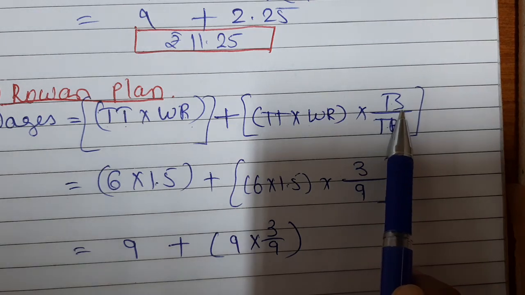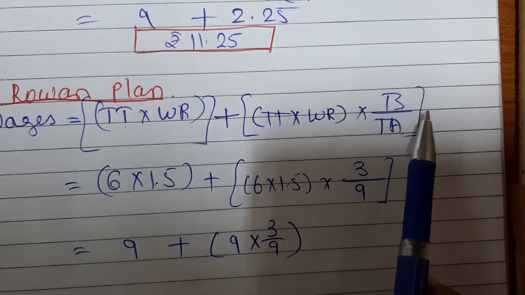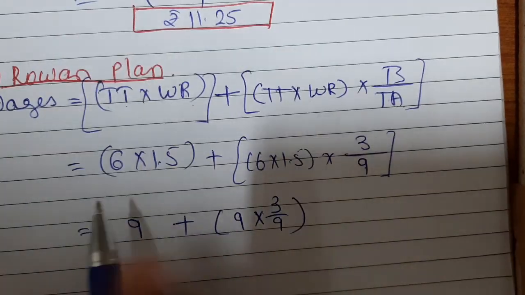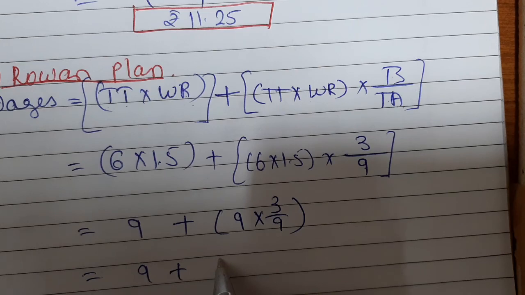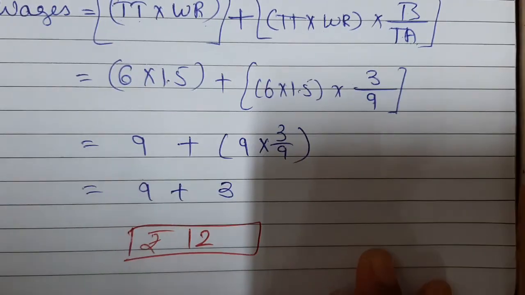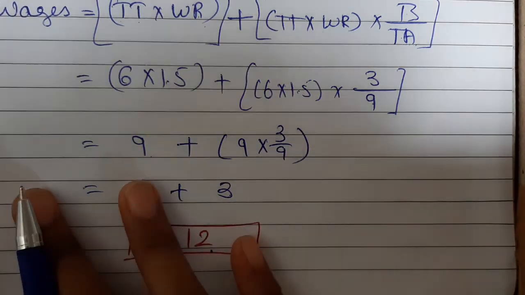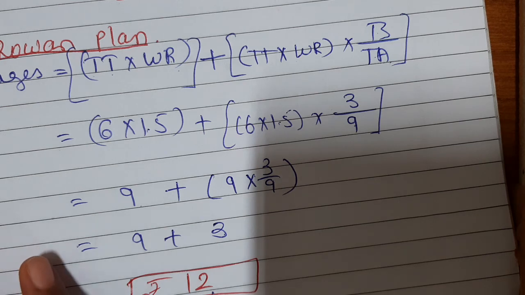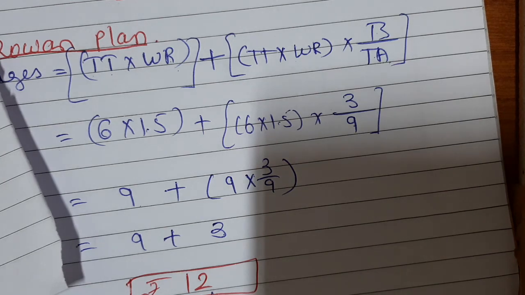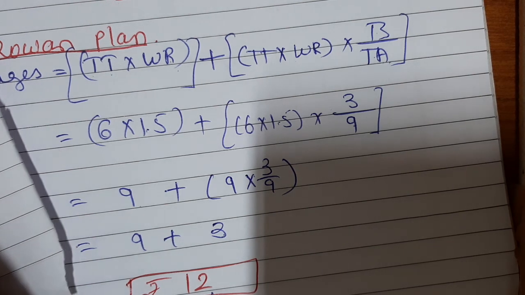That represents the actual productivity or intelligence of the worker, right? On the basis of the same, the worker is provided the bonus. So here it would be 9 plus 3, so the answer would be rupees 12. So finally, if the worker is paid wages as per time wage, he would be given rupees 9.